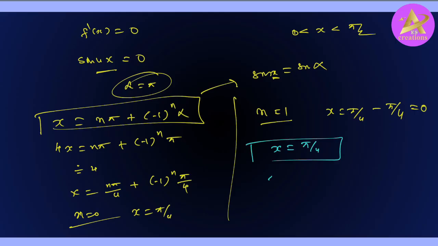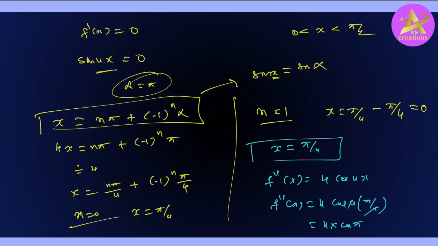Next step is we have to find f double dash of x. Sine 4x differentiation is 4 cos 4x. Next, f double dash of x is nothing but 4 cos 4 of pi by 4. 4 gets cancelled, 4 into cos pi. We have to remember one thing, cos of n pi is equal to minus 1 power of n.